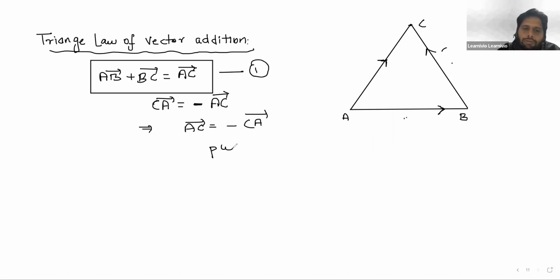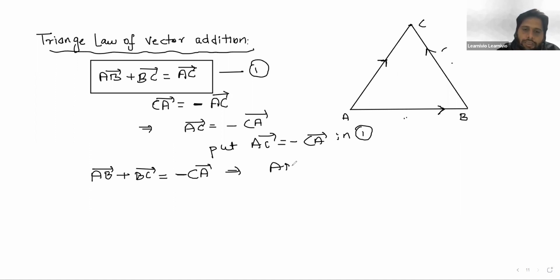Put AC equal to minus CA in the first equation. What will you get? AB plus BC is equal to, in place of AC, minus CA. Now shift this here. So AB plus BC plus CA is equal to 0.